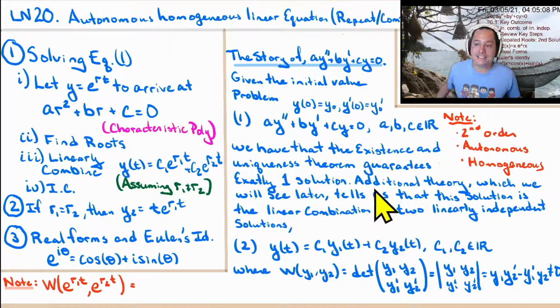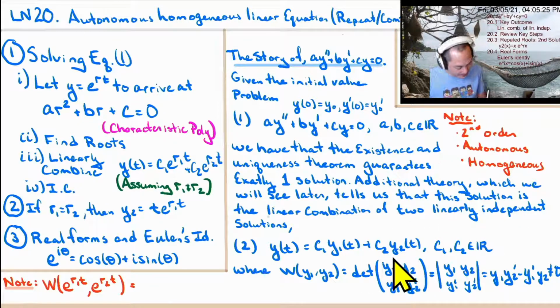Okay, additionally, for those that go on to a linear algebra course, and when we make this geometric later, additional theory tells us that the solution is the linear combination of two linearly independent solutions. So those are the pieces that I want to really dig out. First, linear combination.